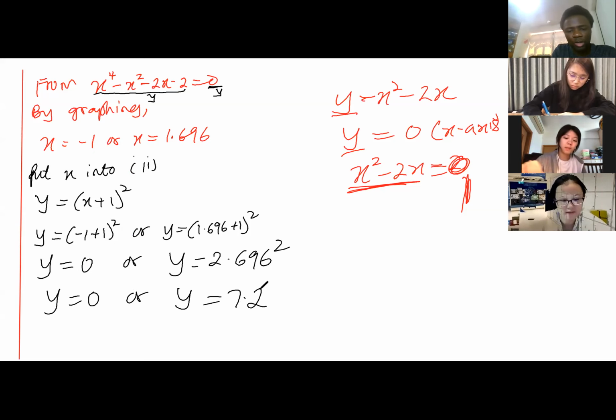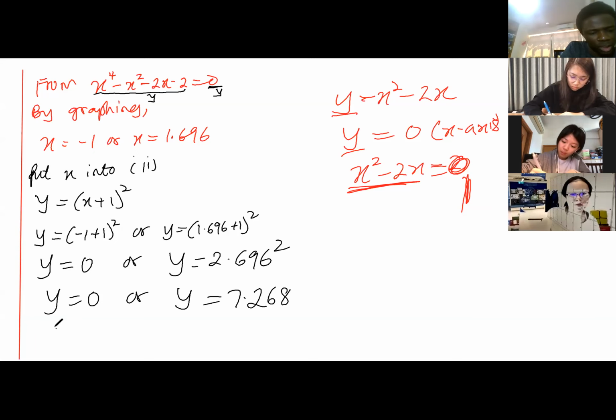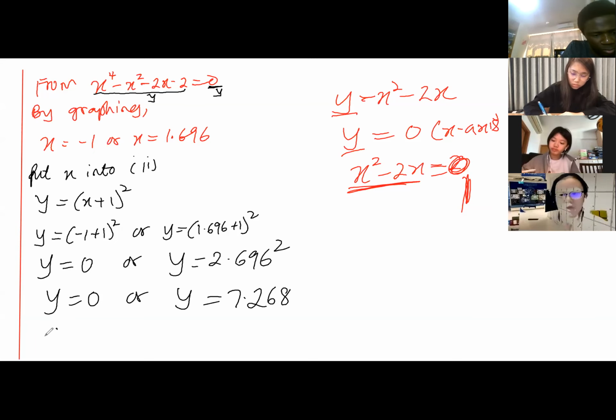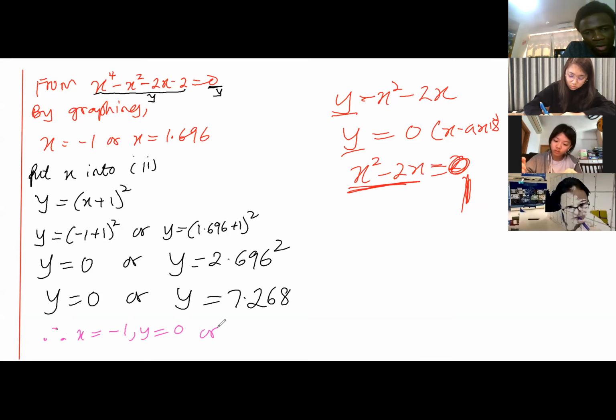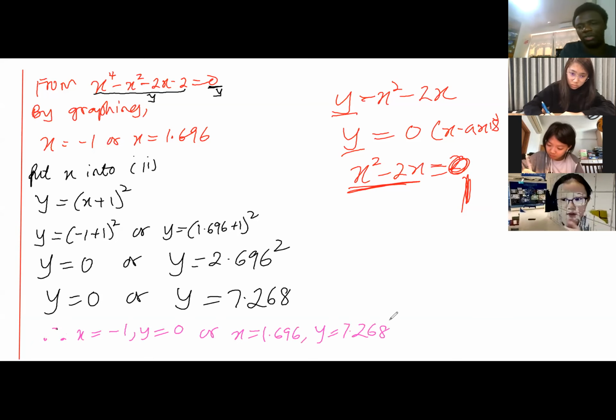7.268, okay, 7.268, like that. Yeah. So the solution, therefore, x is equal to -1, y is equal to 0, or x equals 1.696, y equals 7.268.